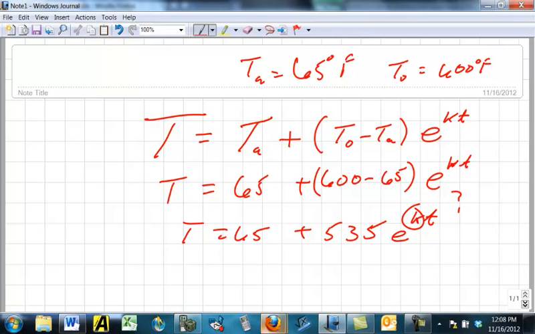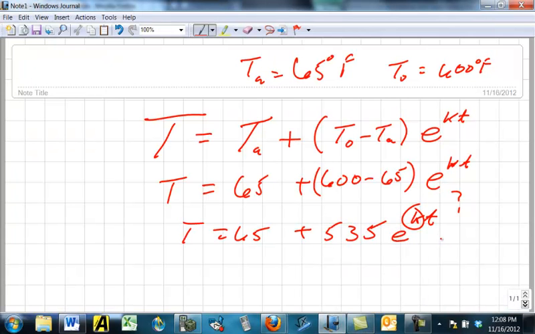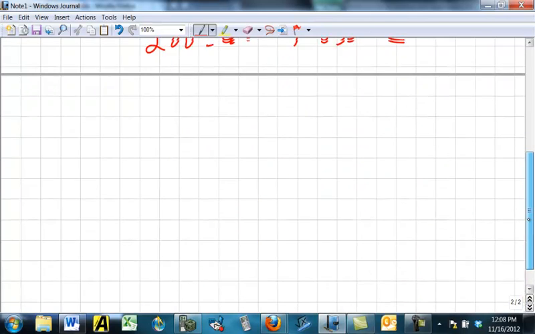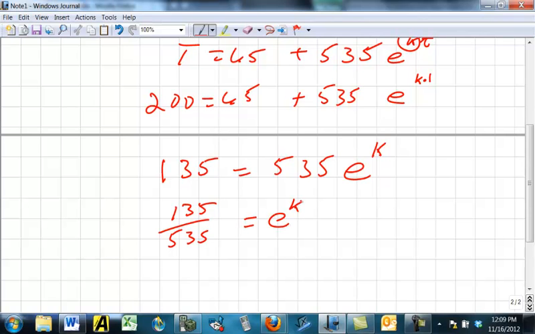So to solve for k, we need some more information. We need another point. After 1 minute, it was 200 degrees. So it says when t is 1 minute, the temperature is 200. Okay, so 200 minus 65 is 135. That's e to the k. 135 over 535 is e to the k.